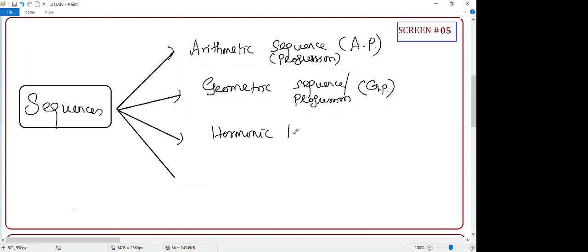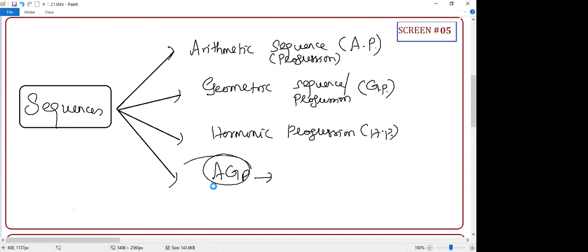Then I told you, right? Harmonic sequence or harmonic progression is called HP. Then you have AGP. What is that? Arithmetic geometric sequence. So it's a combination of both. Clear or not?